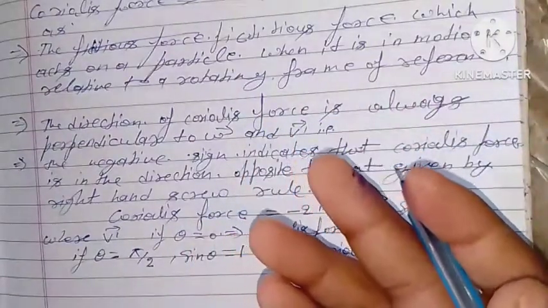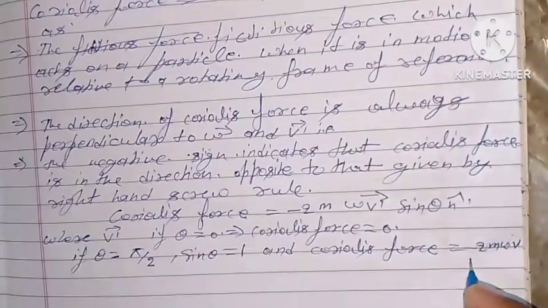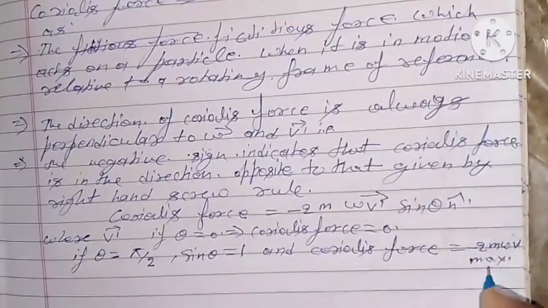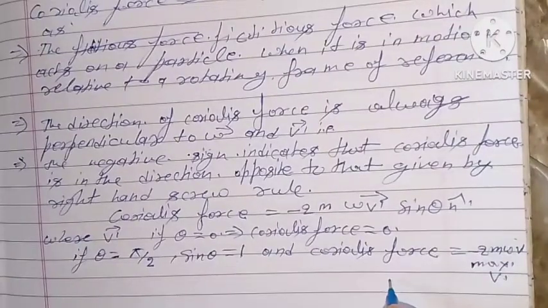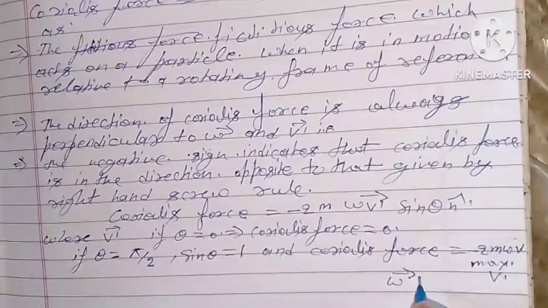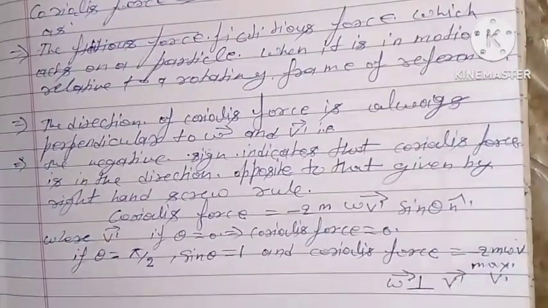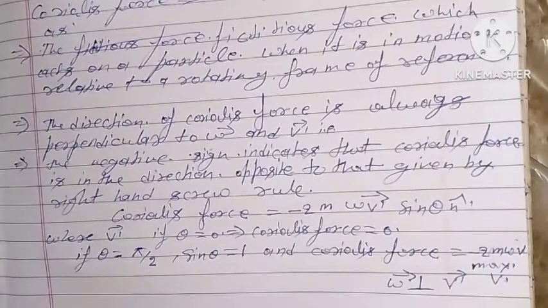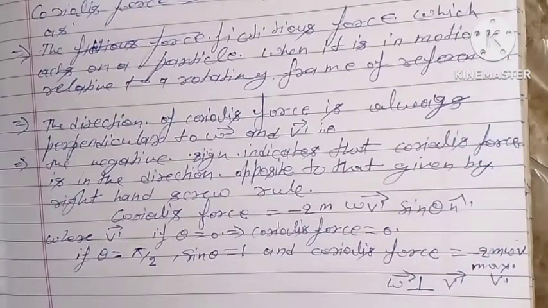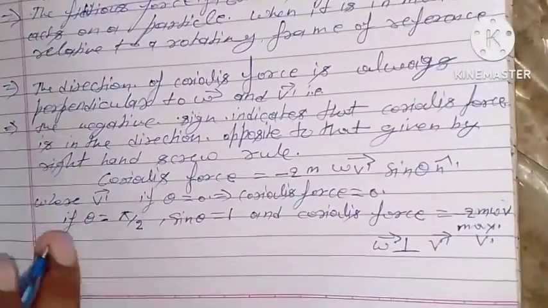When omega and v dash are perpendicular to each other, Coriolis force is maximum.